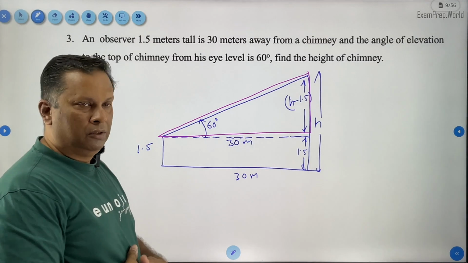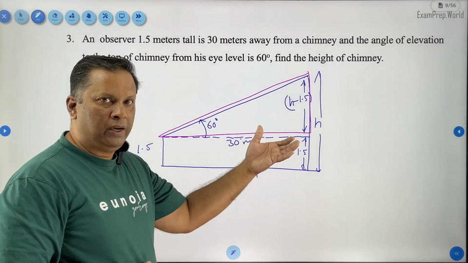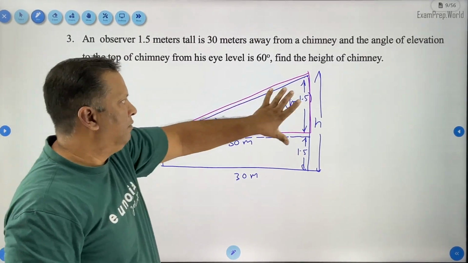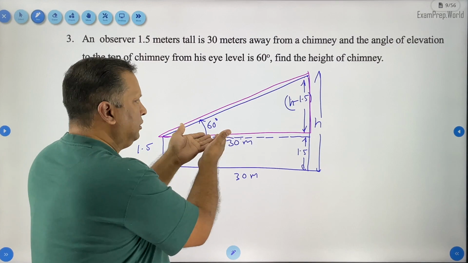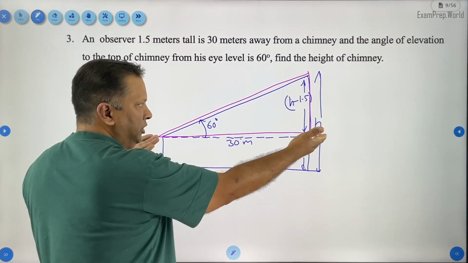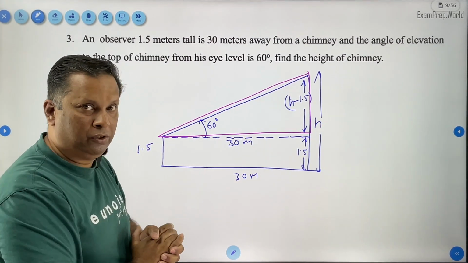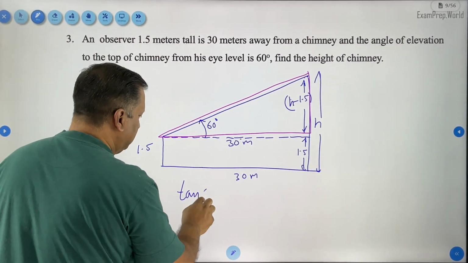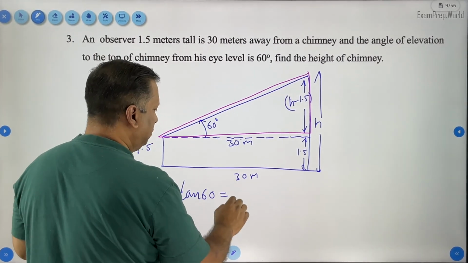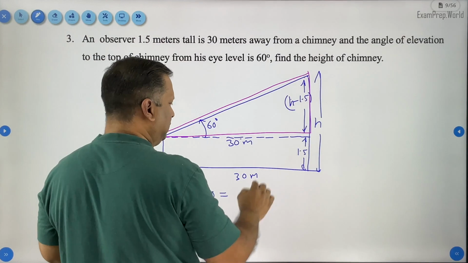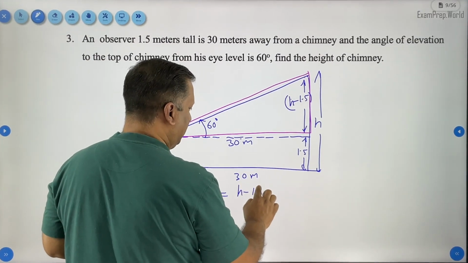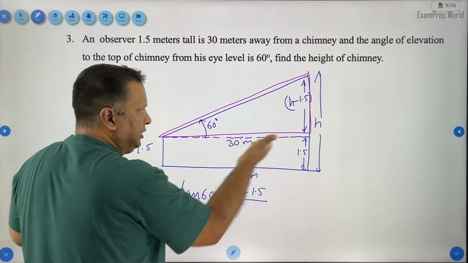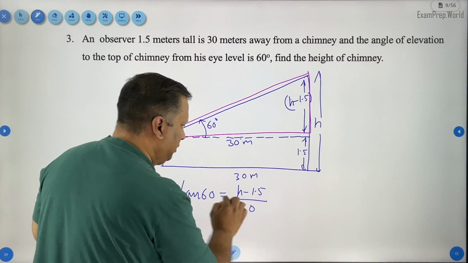In this triangle, what all things do you have? You have the angle, you have the opposite side, and you have the base or adjacent side. Which ratio should we use? Tan. So I will write tan 60 equals opposite, which is h minus 1.5, over the adjacent, which is 30.